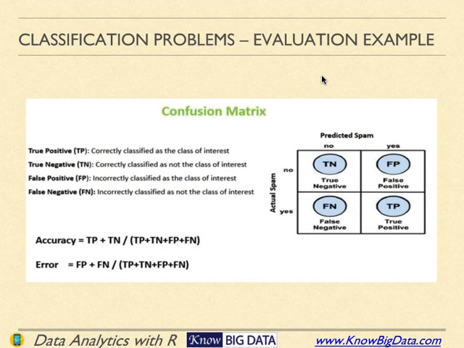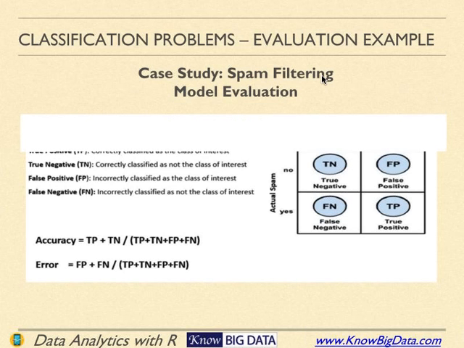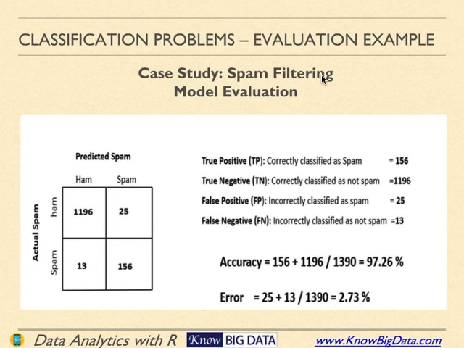The accuracy of such a model is what? Say 5 were truly positive, 5 were truly negative, 10 were false positive, 1 was false negative. 5, 5, 10, 1. What is the accuracy of such a system? Accuracy is how much did they do correctly: 5 plus 5, which is 10, divided by the total, 5 plus 5 plus 10 plus 1, which is 21.